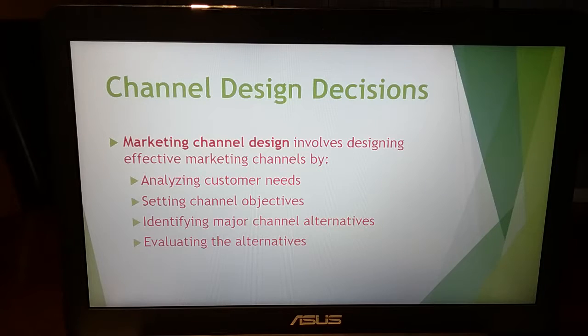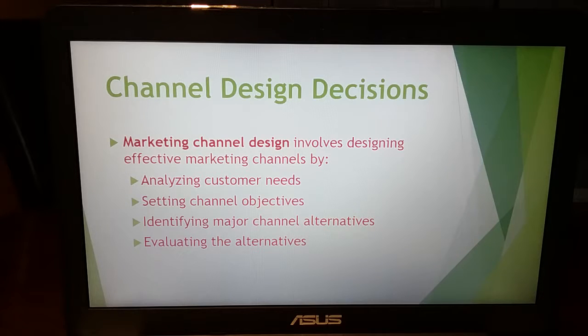Okay, so deciding about it, we talked about this so much, and it's so important, looking at the internal and the external environment and also planning and what's going on in your company, what's going on in the external marketing environment. What different alternatives do you have? What are your objectives?